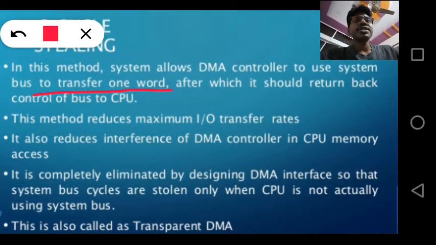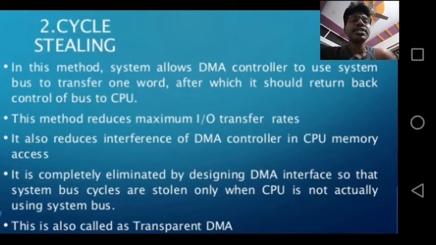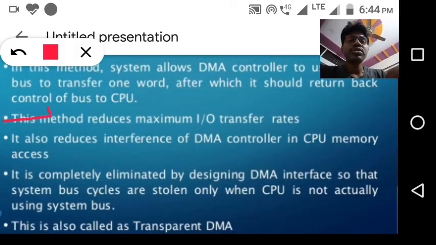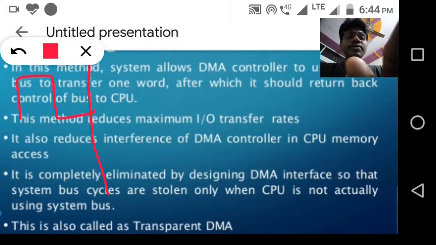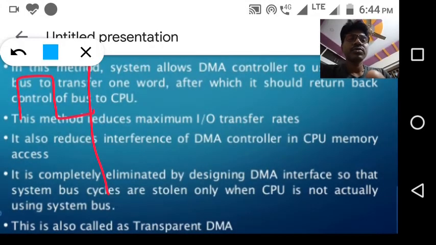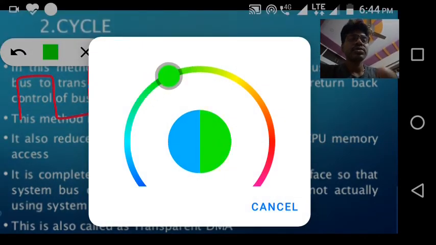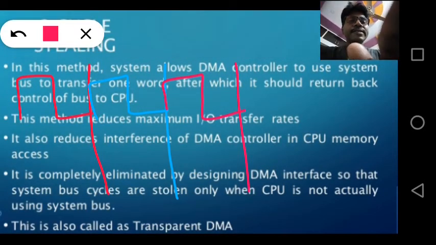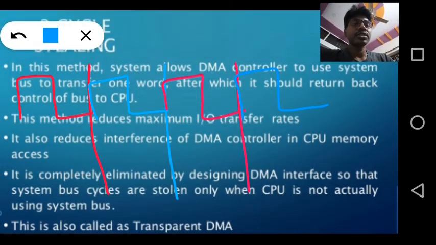So the advantage of the cycle stealing method is that the processor, what is cycle stealing? In cycle stealing, what's happening? Let's assume this is one cycle, this is another cycle, this again another cycle, this is again another cycle.